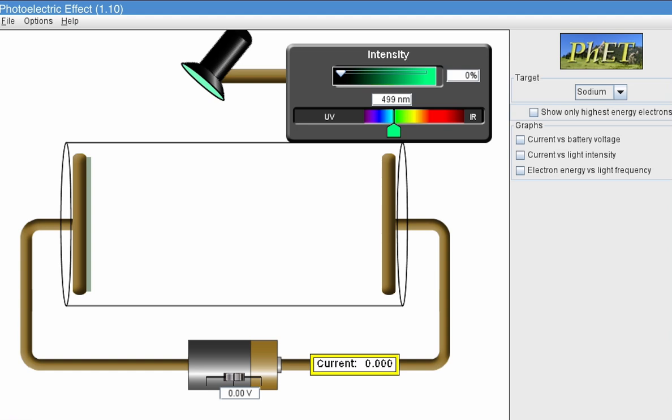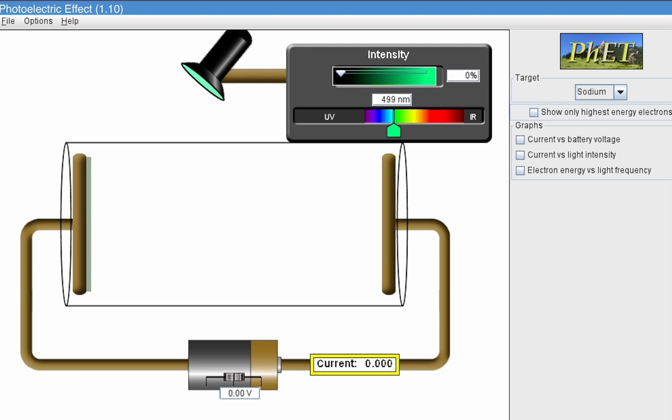Why? Because according to photoelectric effect, it is a phenomenon whereby light of suitable frequency is shone upon a metal surface and electrons are ejected. For now, there is no light which is being shone upon this metal surface.